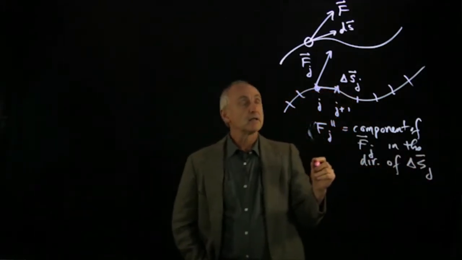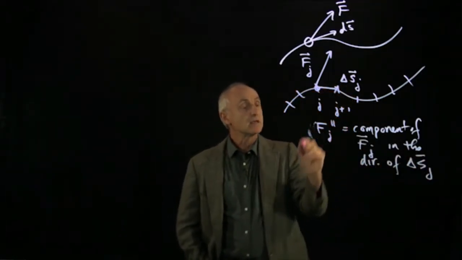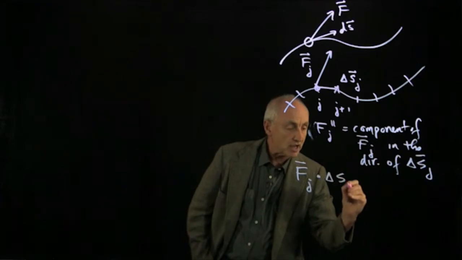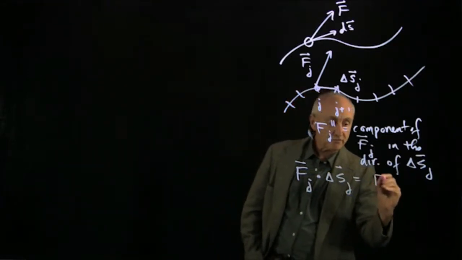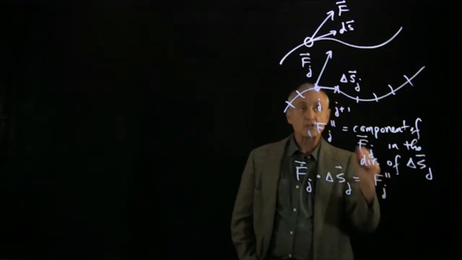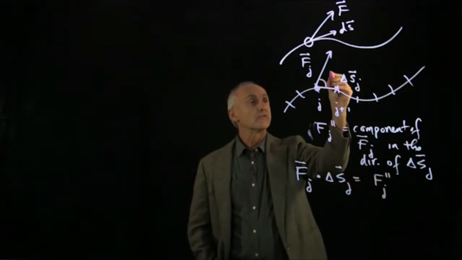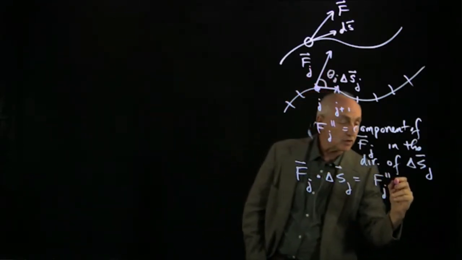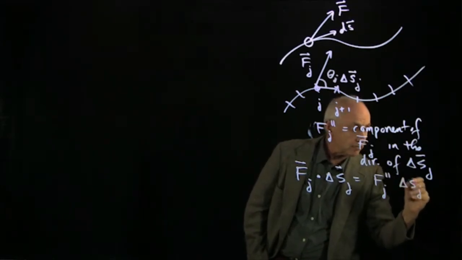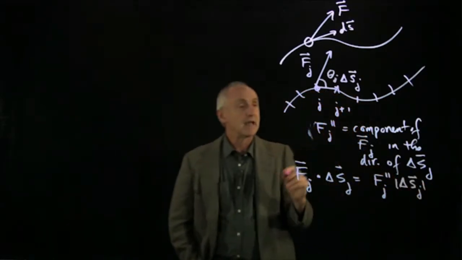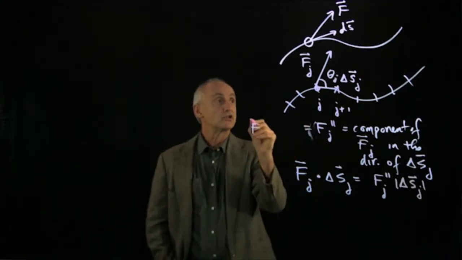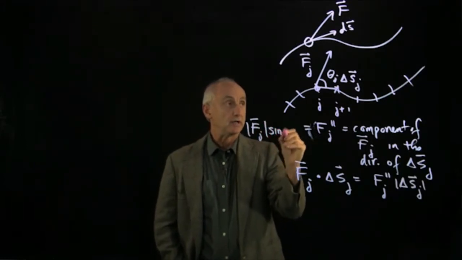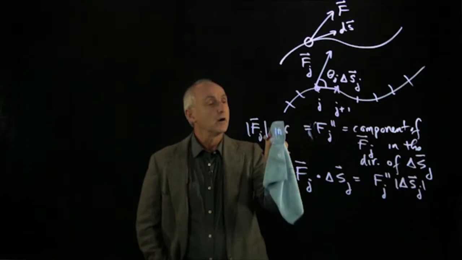Now, the way we denote that is we can say that if I take the dot product Fj dot delta sj, this is the component of the force in the direction of the motion, because remember our dot product, if we call this angle theta j, is taking how much of one vector is in the direction of the other times the magnitude of that displacement. And again, when we write that component in our notation, we know that that's the magnitude of Fj times cosine of theta j.